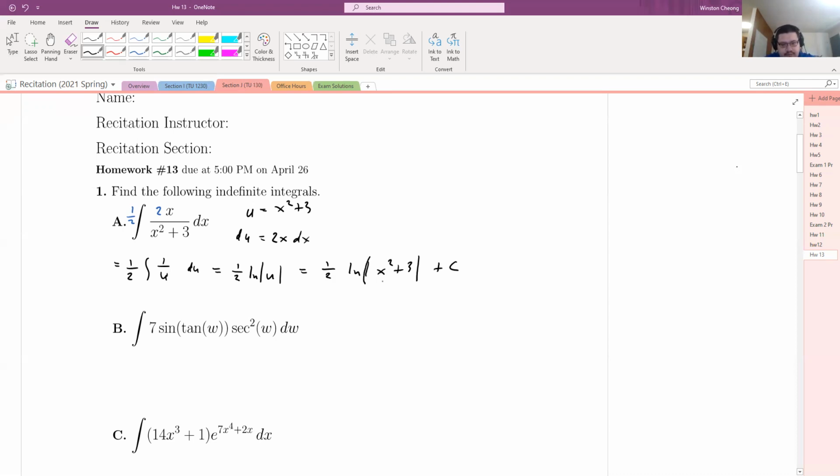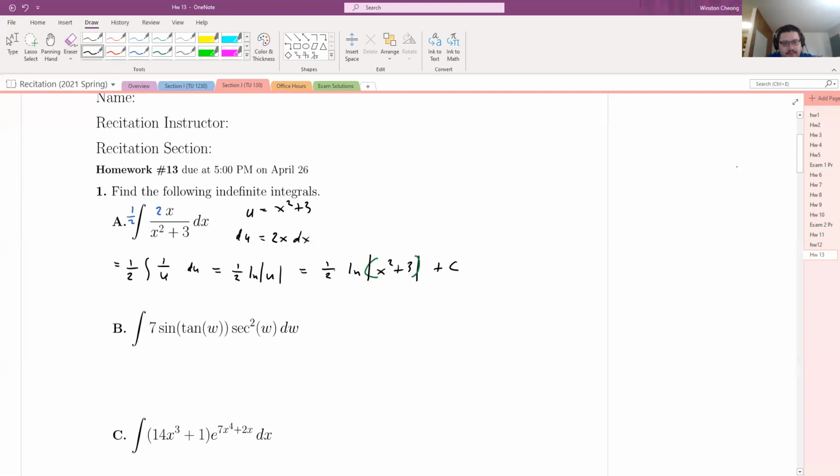And there's technically one additional thing that you can do to this problem. Notice that these absolute values are unnecessary here because the expression inside, x squared plus 3, is always positive. So you can actually replace out those absolute values.